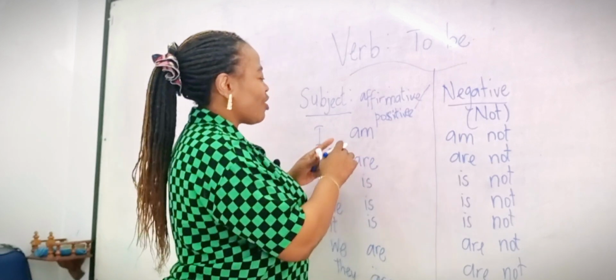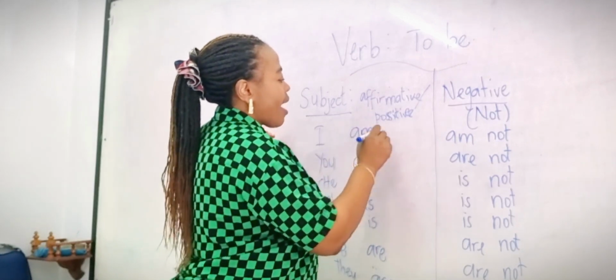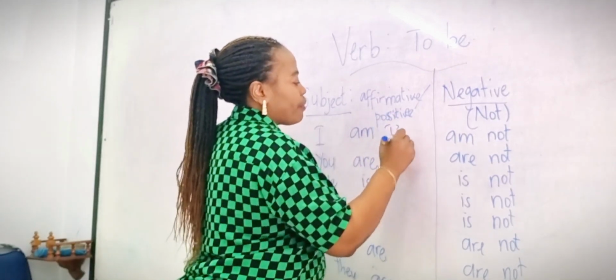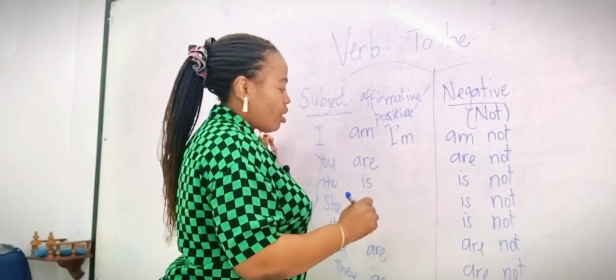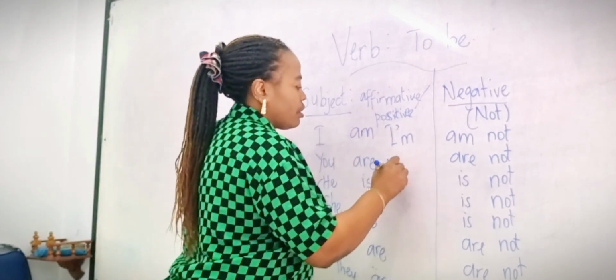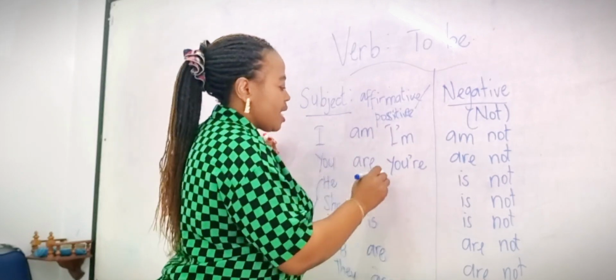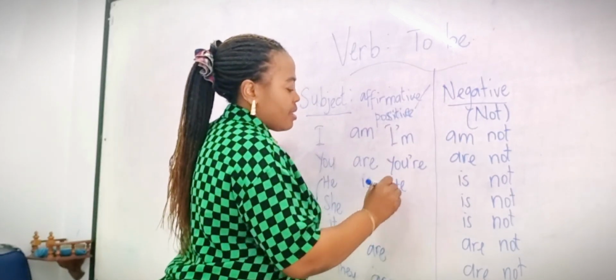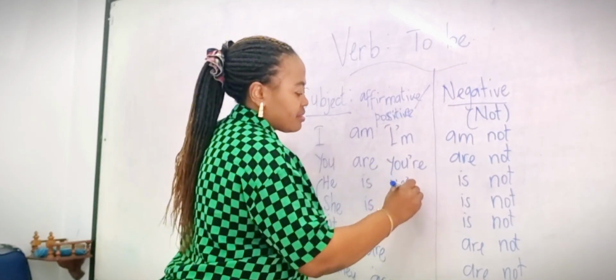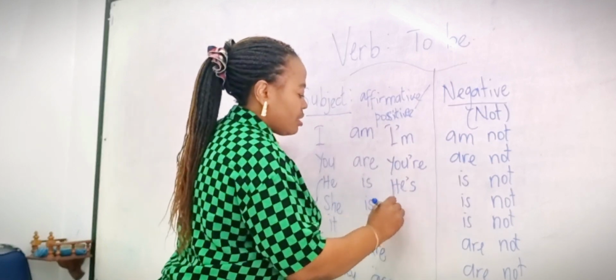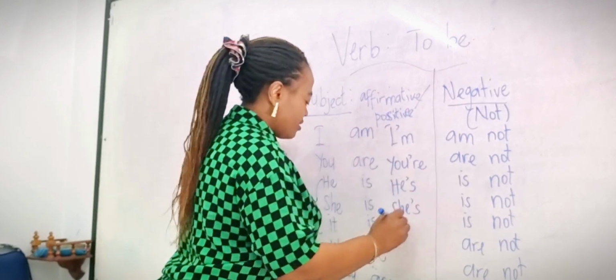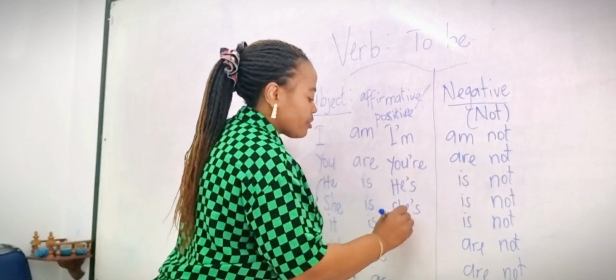If you want to put the short form here, it will be I apostrophe m, not. You are becomes you apostrophe re, you're not. He apostrophe s. She apostrophe s. It apostrophe s.